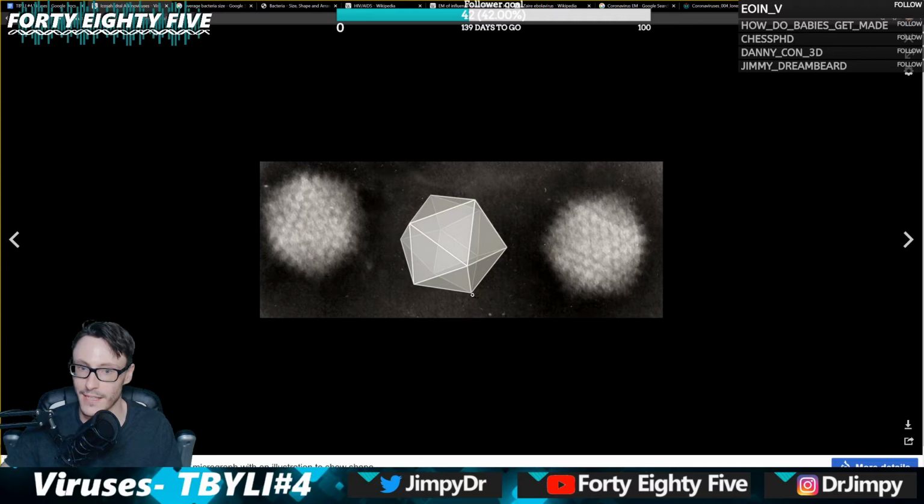An icosahedron, as anyone that plays Dungeons and Dragons will know, is a 20-sided shape. They've got some electron microscope images here, and if you look very carefully, you can see a shape that resembles an icosahedron viewed from a single plane.